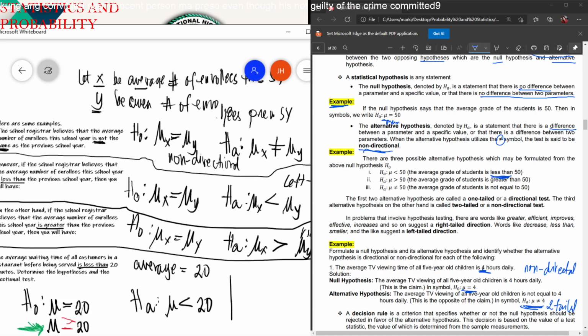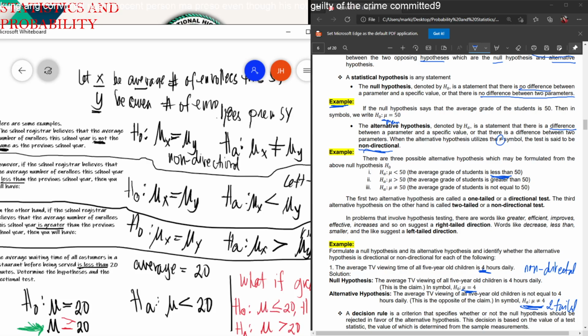Ma'am, what if it is greater than? If it is greater than, your alternative is mu greater than 20, so what is the opposite of greater than? Then your null hypothesis can be mu is less than or equal to 20.